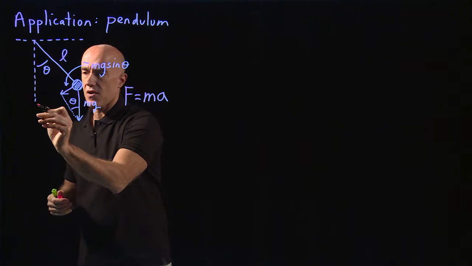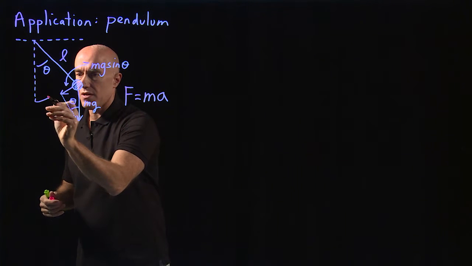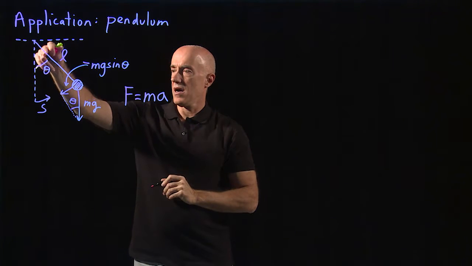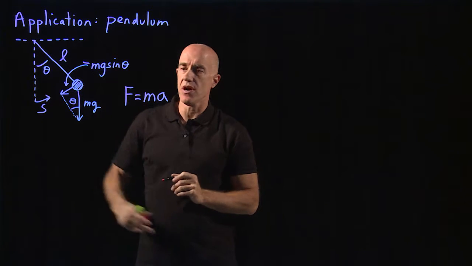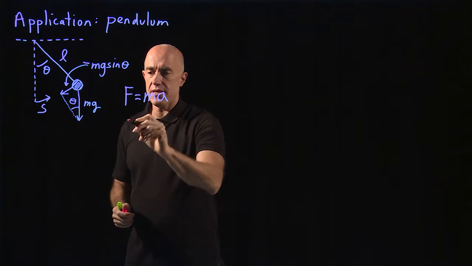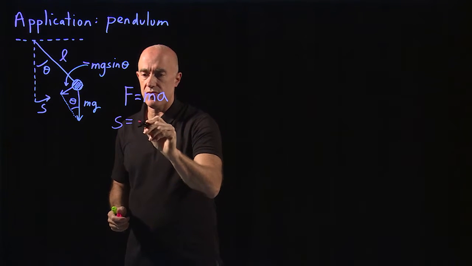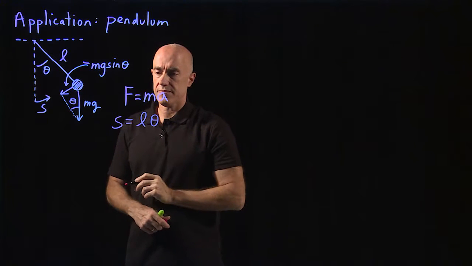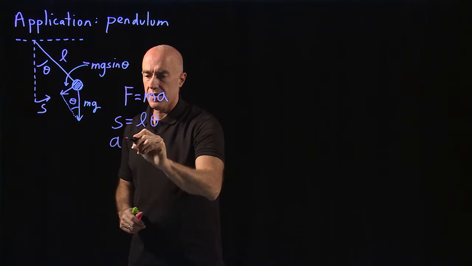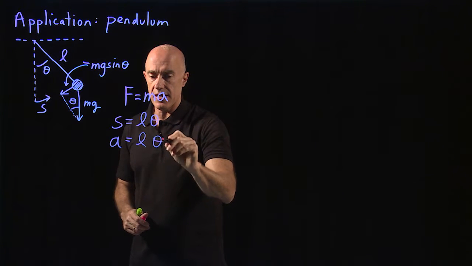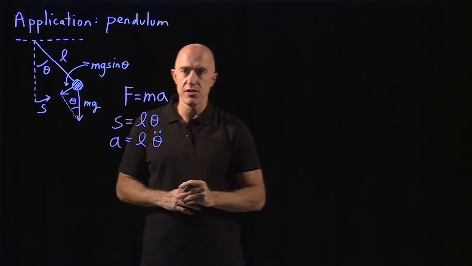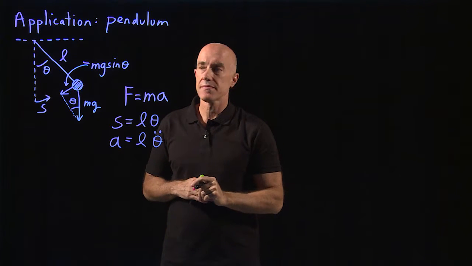So we can define our coordinate system along the arc and call that S, with origin S equals 0 corresponding to theta equals 0. So S is equal to L theta. Then the acceleration of this mass, our a, is going to be L theta double dot. So the mass times acceleration will be mL theta double dot.